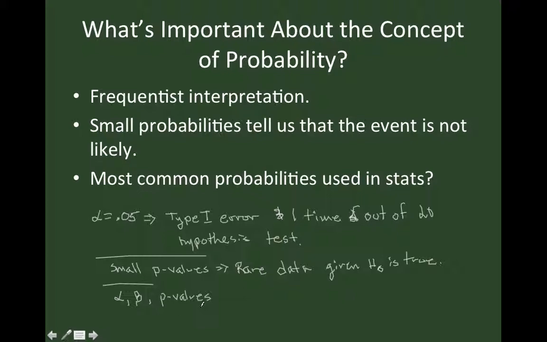Those are some of the important ideas about probability, and what I like to focus on, because one of the reasons you have to learn about probability in a statistics class is that there are particular statistics, p-values, alpha, and so forth, that you have to be able to interpret. And those are probabilities.